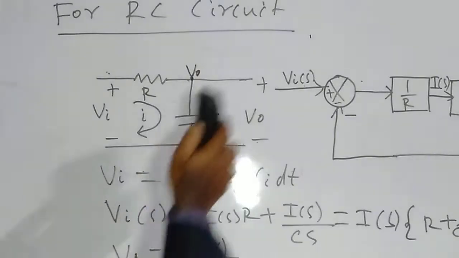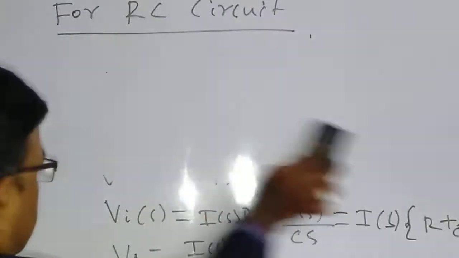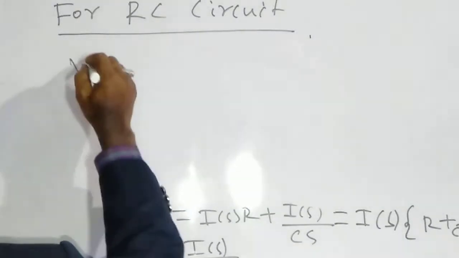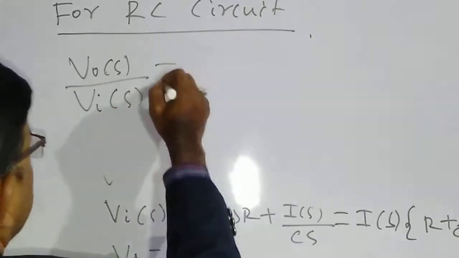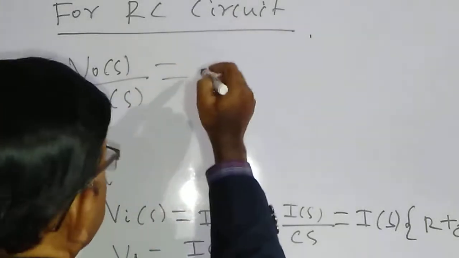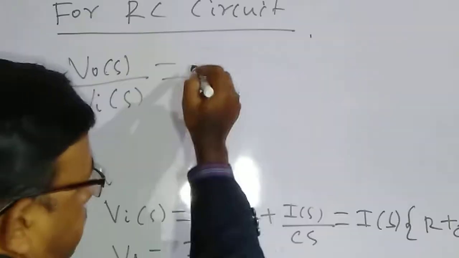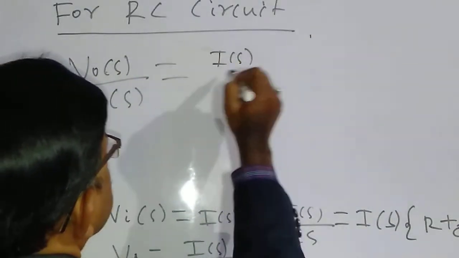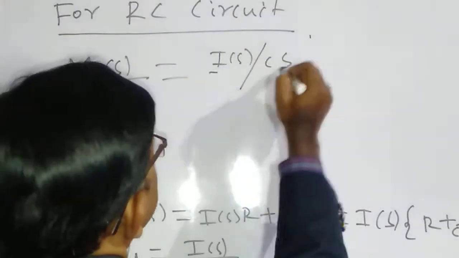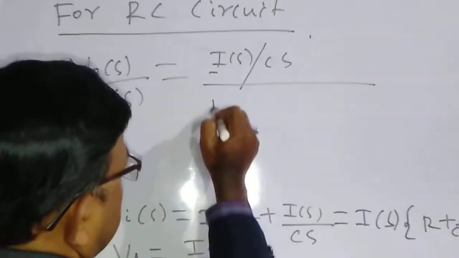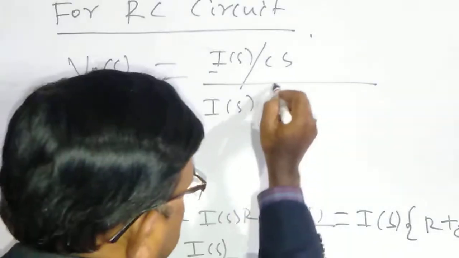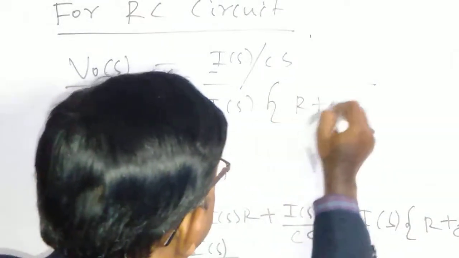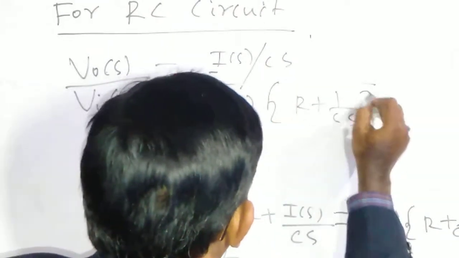So now we can find out what is V naught of s by Vi of s, which is equal to I(s) by Cs divided by I(s) into R plus 1 by Cs.